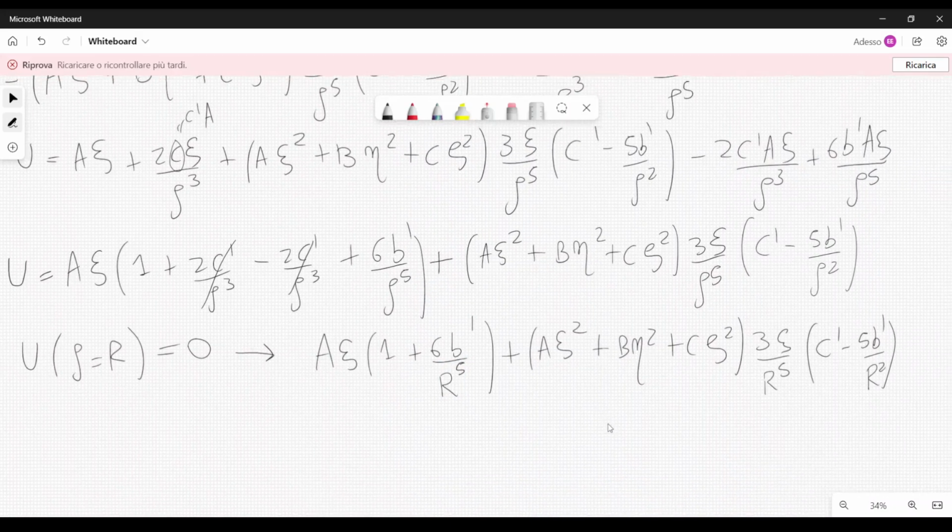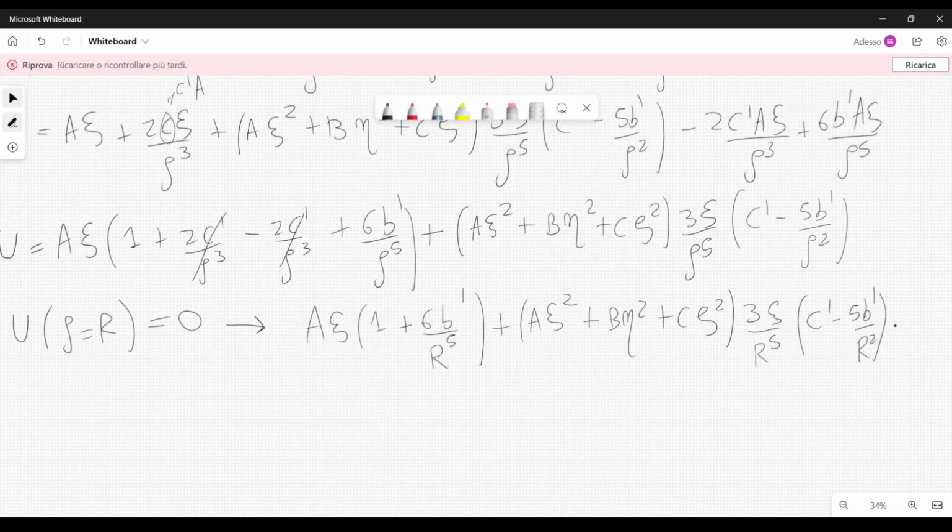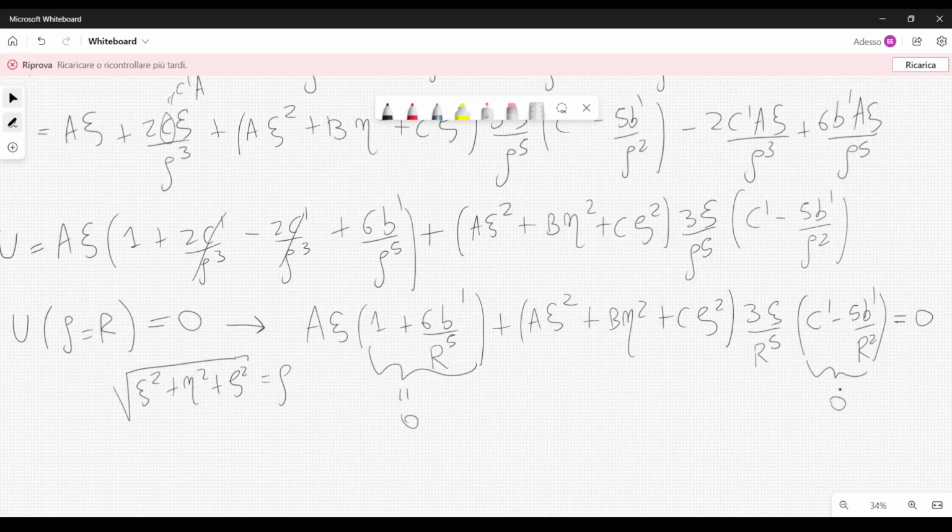This should be set equal to 0 for every xi, eta, and zeta, such that the square root of xi squared plus eta squared plus zeta squared is equal to rho. And the only possibility that we have is that this is equal to 0 here, and also this is equal to 0.